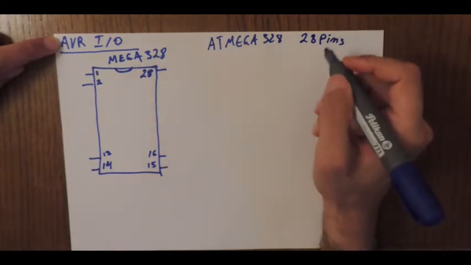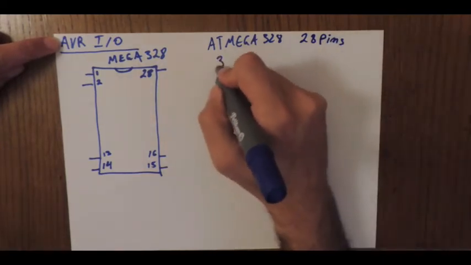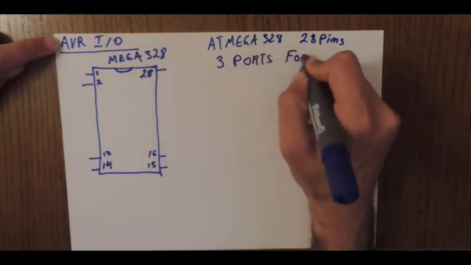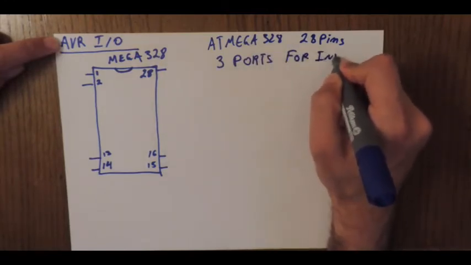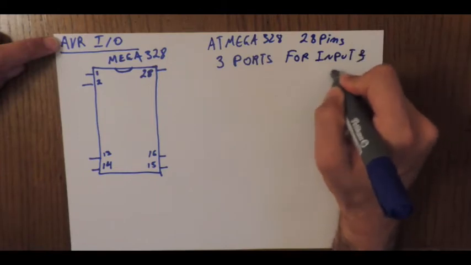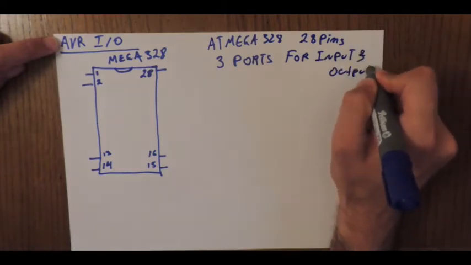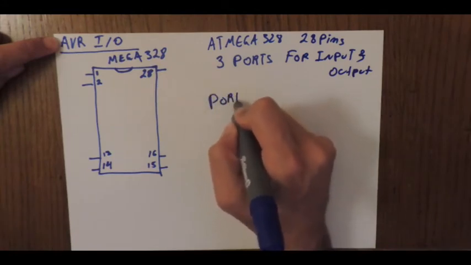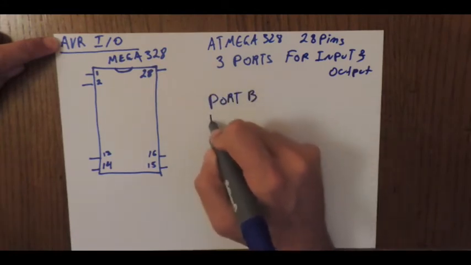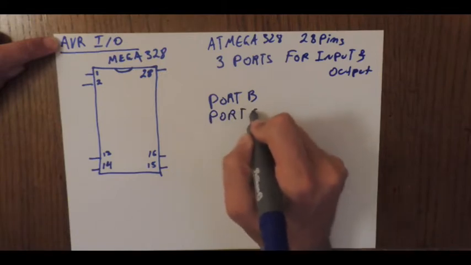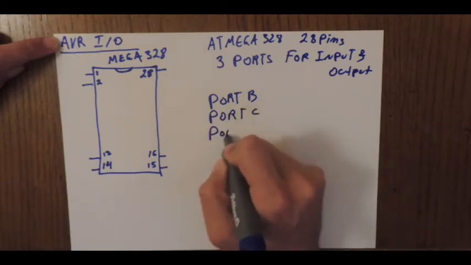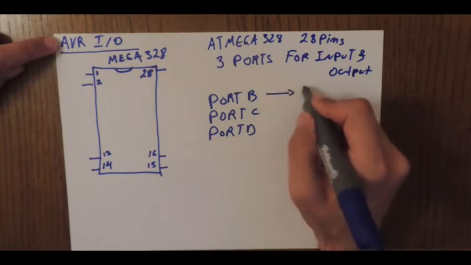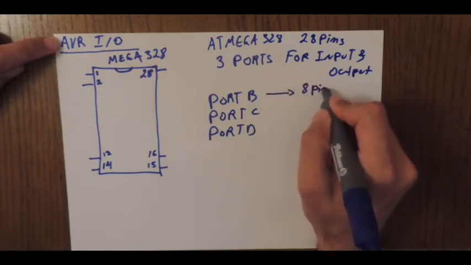From these 28 pins, we make use of 3 ports for input and output usage. These ports are port B, port C, and port D. Port B will be 8 pins.